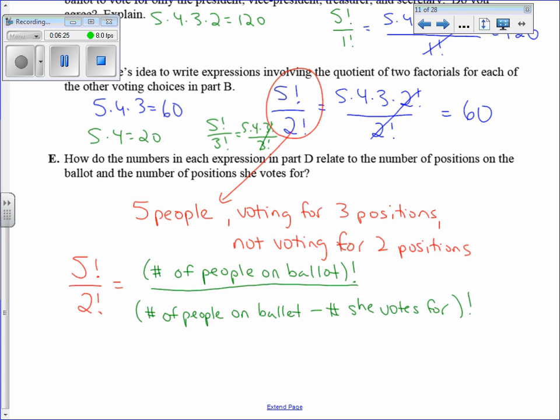Okay, she votes for 3, and so 5 minus 3 gives me 2. So there's 5 on the ballot, 5 minus 3 gives me 2 that she doesn't vote for.